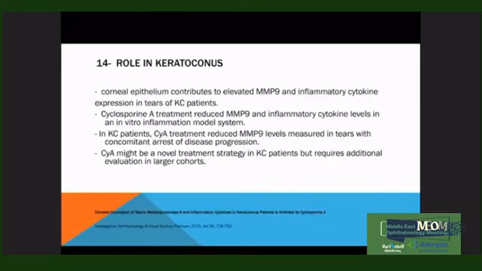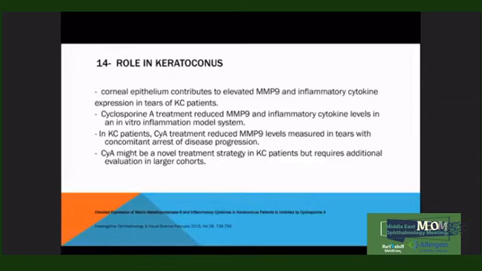Last but not the least is the role of cyclosporine in keratoconus. We all know that the tears of keratoconus patients have elevated MMP9 and inflammatory cytokine levels, and cyclosporine is known to reduce MMP9 and the levels of these cytokines in in vitro inflammation model systems.